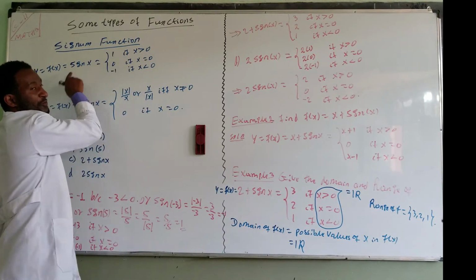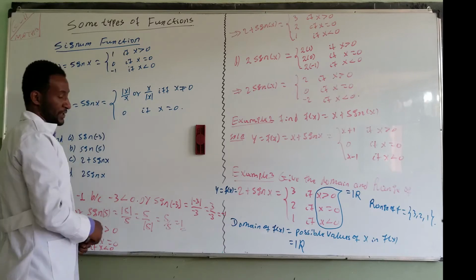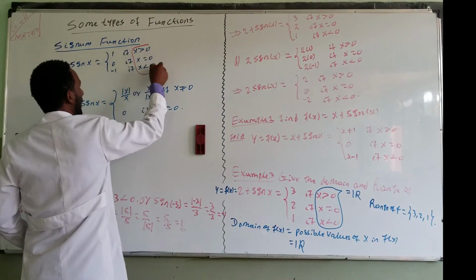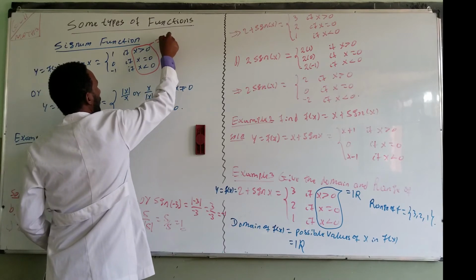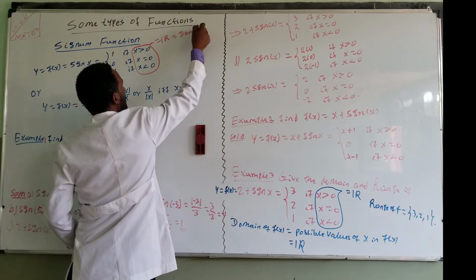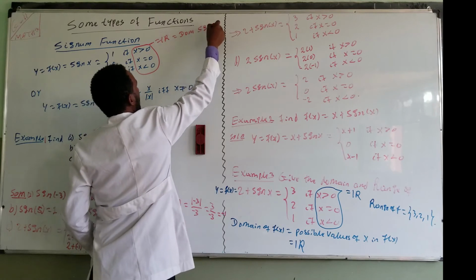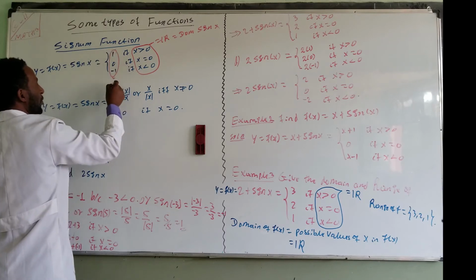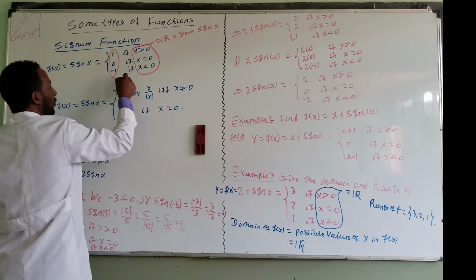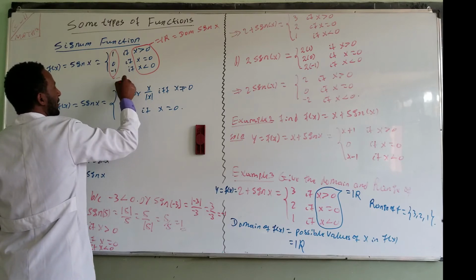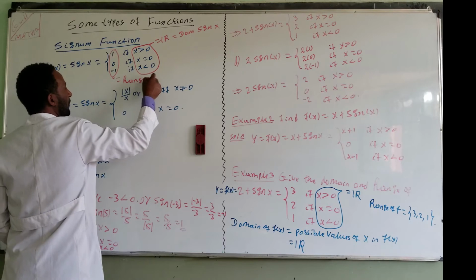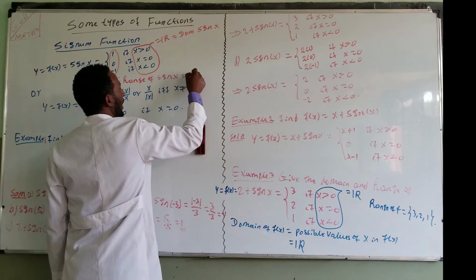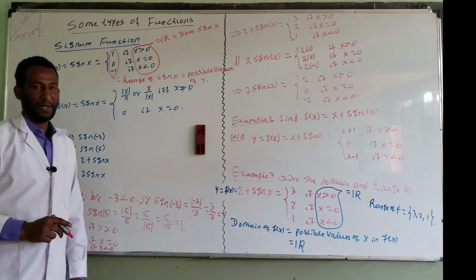Therefore, the domain of this function signum x is all real numbers, and the range of this function is, this is a possible value of x in this function, which is equal to all real numbers, equal to the domain of signum x, and this value is a possible value of y, which is equal to the range of signum x, which is the possible value of y when y is equal to signum x.